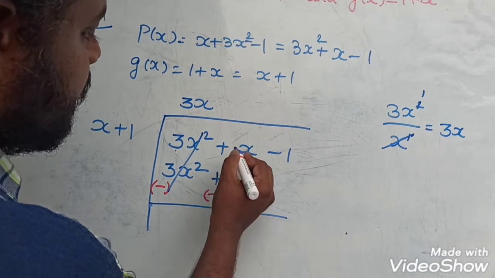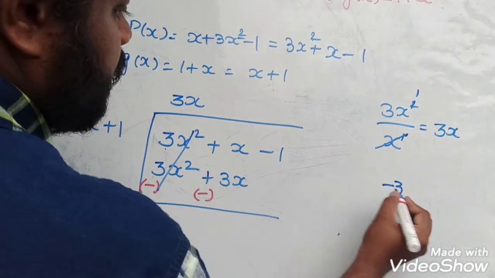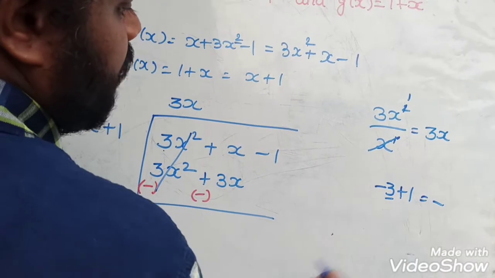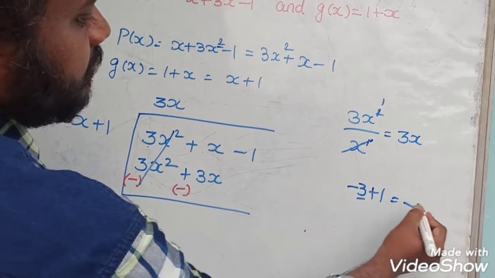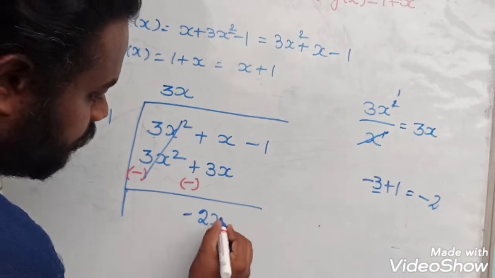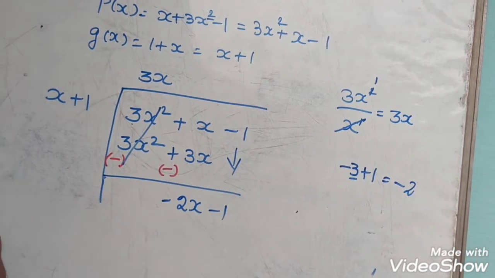So minus 3x plus x, that means minus 3, and the coefficient is plus 1. Here 3 is greater, so we get minus as the answer. For different signs we subtract, and we get 2. So minus 2, the variable is common. We take the second term, minus 1.